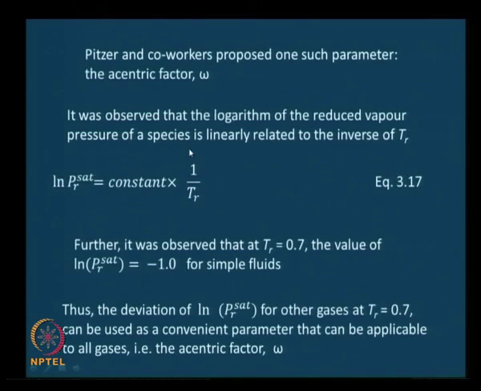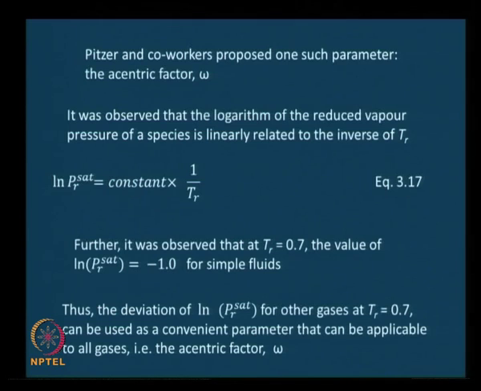This came about from the observation that the logarithm of PR sat for a large number of gases is directly proportional to the inverse of the reduced temperature. The other aspect was that at a reduced temperature of 0.7, the value of log of PR sat was -1 for simple fluids, and therefore the deviation from -1 of the log PR sat value at a Tr of 0.7 would possibly give us the parameter we are looking for.